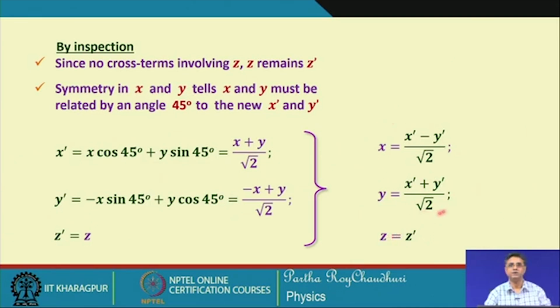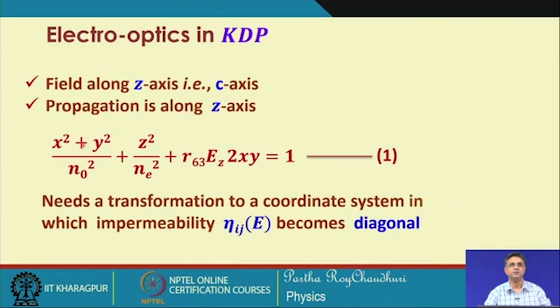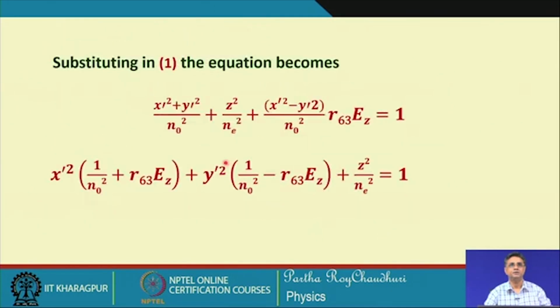So, if we substitute this into this equation, then we can rewrite this equation in this form, and then this equation becomes of this form, x prime square into 1 by n naught square plus an additional term. So, this is the additional term which has come along with 1 by n0 square, and similarly the y square term is now associated with these two components.